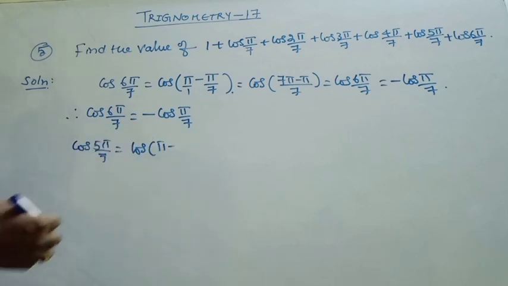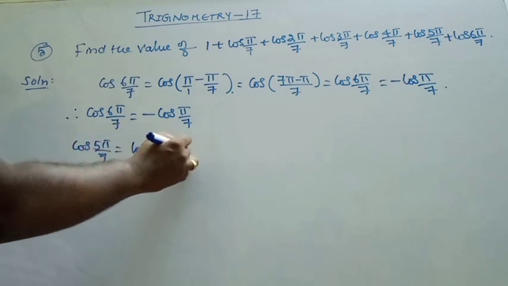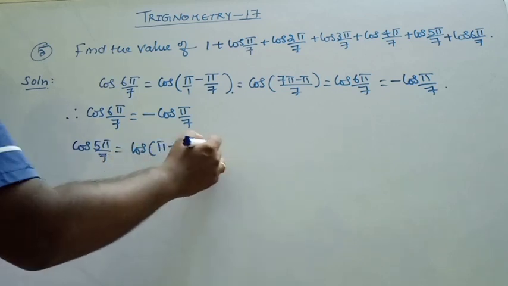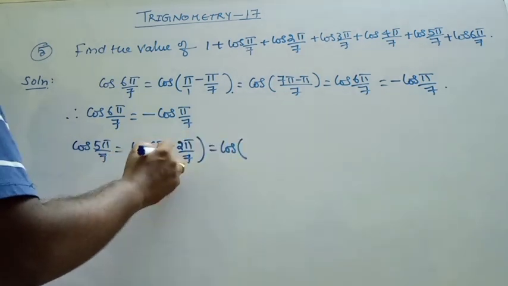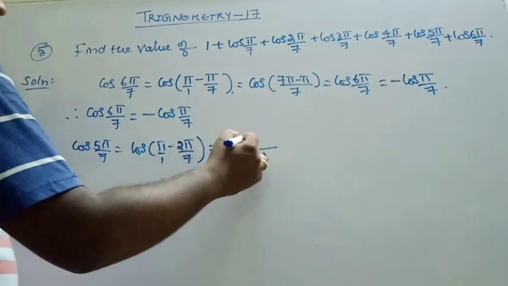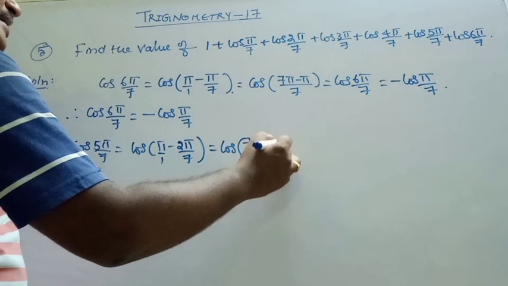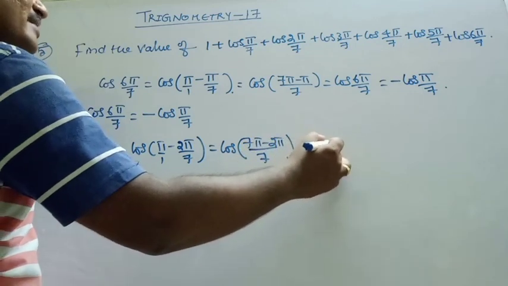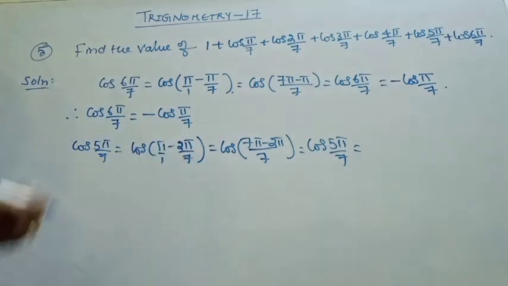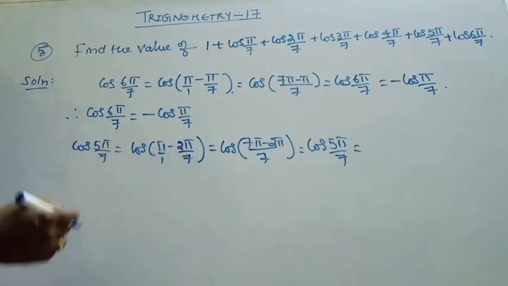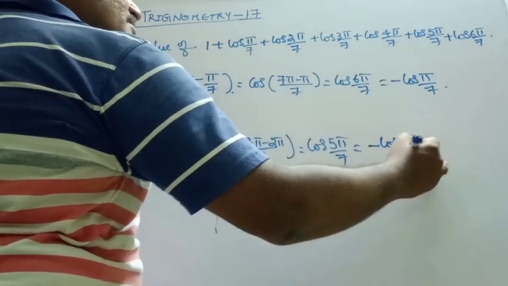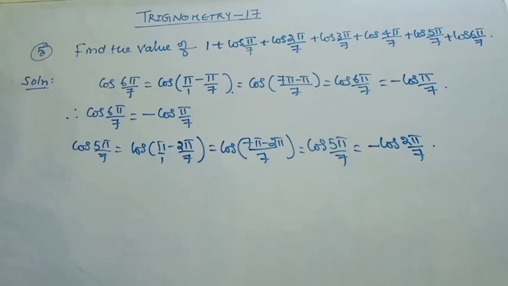If you take the LCM here, 7 is the LCM, so this becomes 7 pi minus 2 pi, and this is of course cos 5 pi by 7. In the same way, this is cos of pi minus theta. This becomes cos of 180 degrees minus theta, which is minus cos 2 pi by 7. You have written this as minus cos 2 pi by 7.